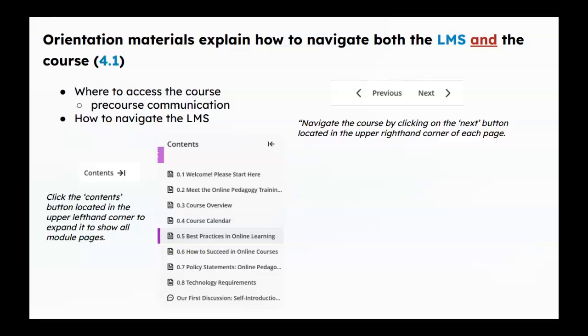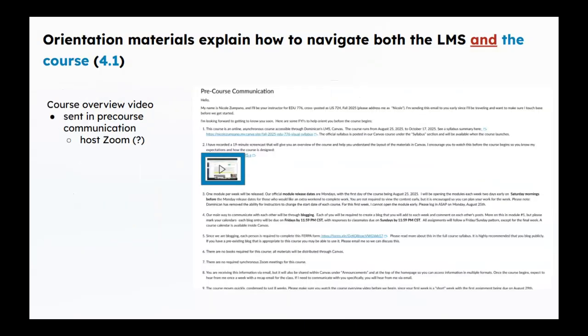I can just have a quick note saying, click the contents button located in the upper left-hand corner to expand it and see all the pages. This is content that can be in your Start Here module, and it can carry over from course to course. You have one page that just basically says, here's how to navigate the LMS, and how to navigate the course.